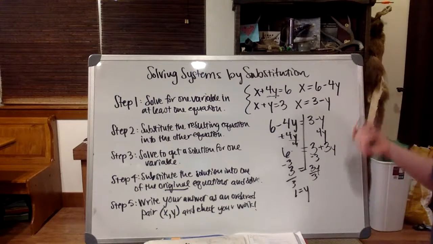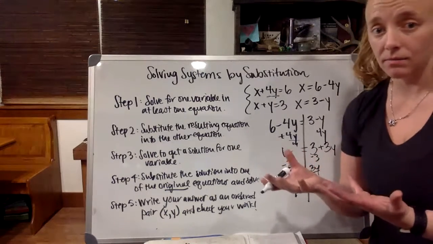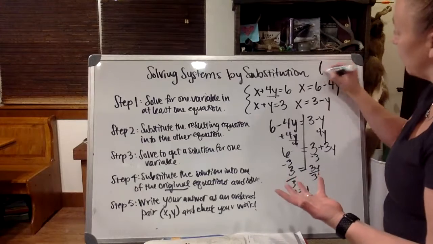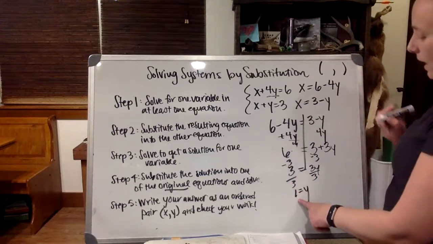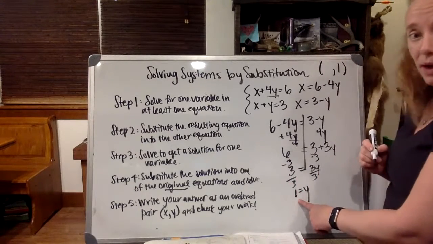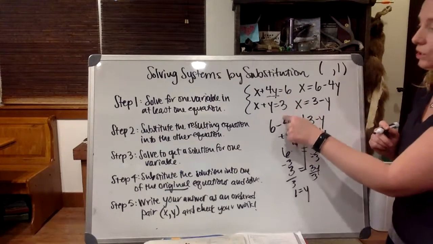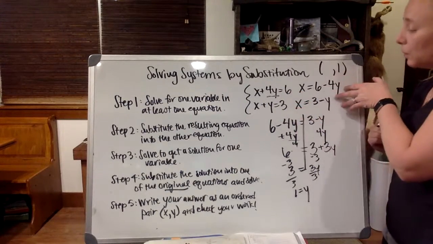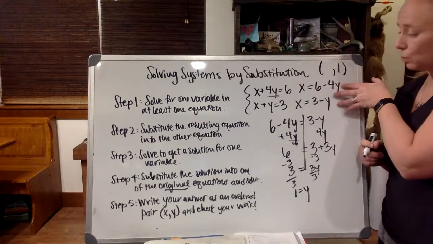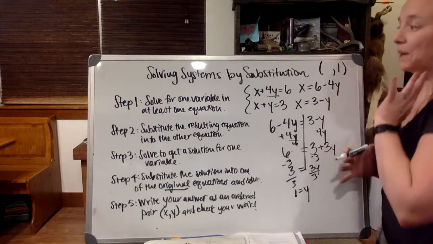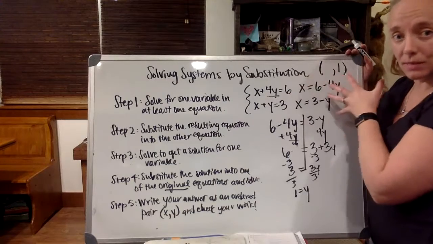So if I were starting my ordered pair, I could say 1 for my y value. I'm now going to put this into one of the two original equations. I'm not going to put it in my manipulated equations, these ones over here. Why? Because I don't know if I potentially made a mistake.